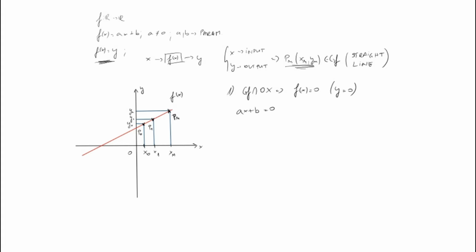This is a standard linear equation with one variable, so it's pretty simple to solve. We have this b which goes to the other side with minus, so we will have ax equals minus b, and this a will go to the other side into the denominator, so x equals minus b over a.